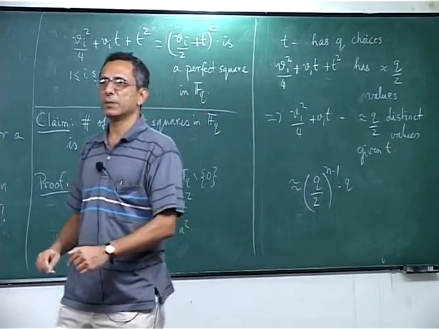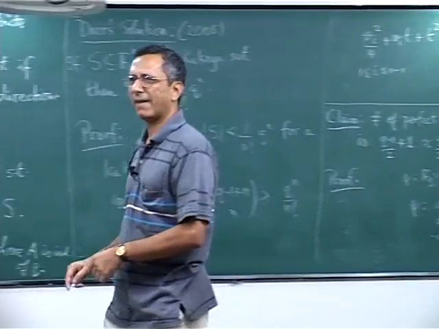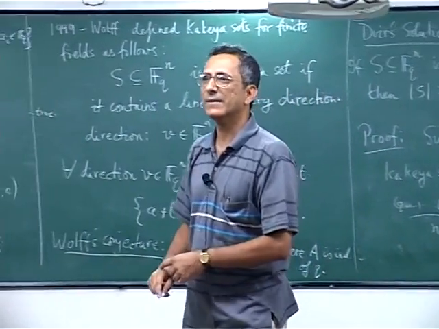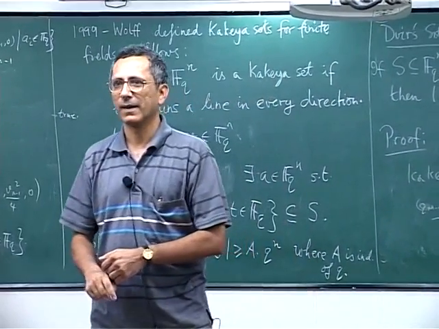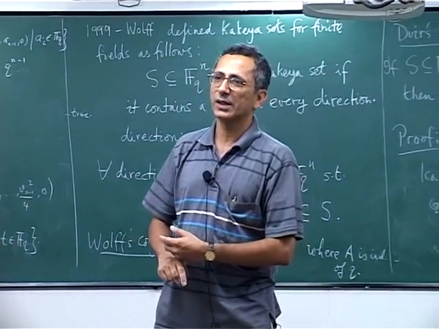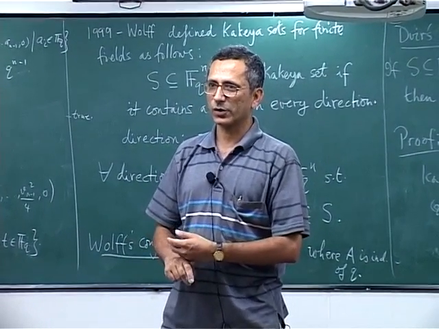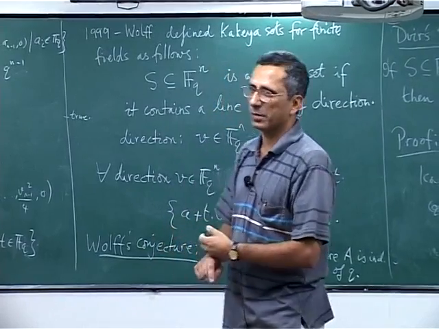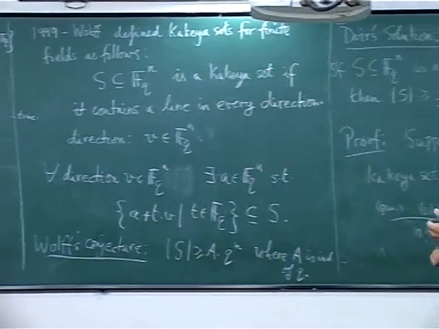Why can't any other element map to A square? That will only argue that at most that many are squares. That's enough, but I want to argue that exactly that many are.